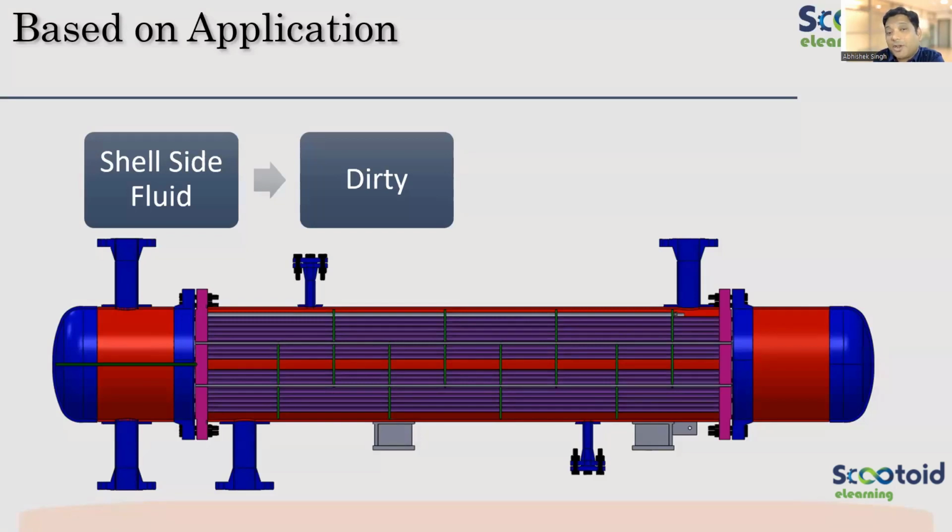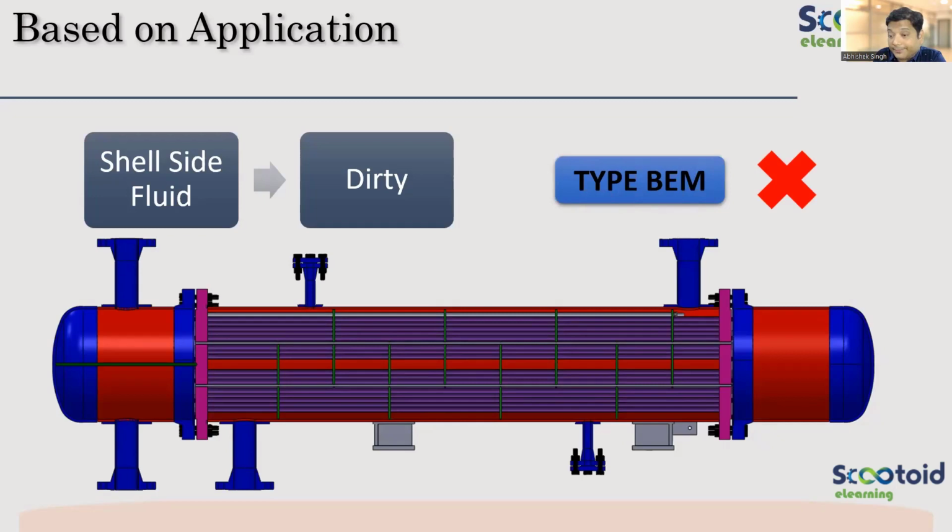I made this heat exchanger for heat transfer; if that is not happening, what is the purpose? So heat transfer will not happen if there is scaling or fouling on the tube. Great. So a BEM type heat exchanger is not recommended if I have a dirty fluid.